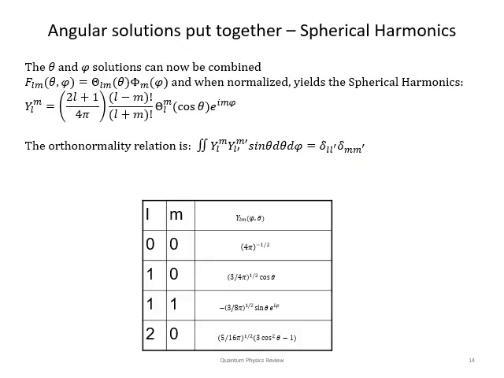If we put the angular solutions fully together, that is, we take our associated Legendre polynomials and our solutions to the phi equation with the integer m, and then in addition multiply by some normalization factors, we form what's called a spherical harmonic.